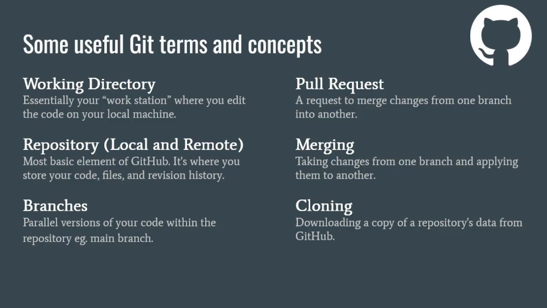You'll have a main branch and then other branches as you're working on specific features. There are pull requests, which are requests to merge changes from one branch into another. Merging is taking changes from one branch and applying them to another. And then cloning, which is downloading a copy of a repository's data from GitHub.